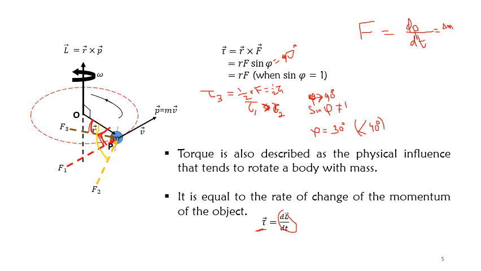That is m times the change in velocity, that is m(v minus u) over t.